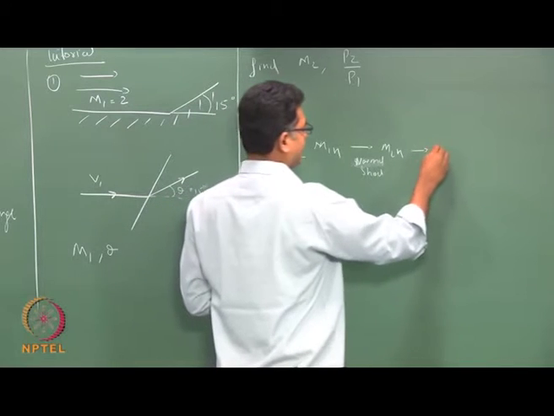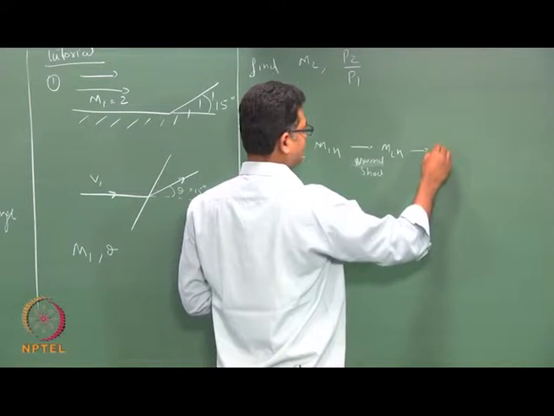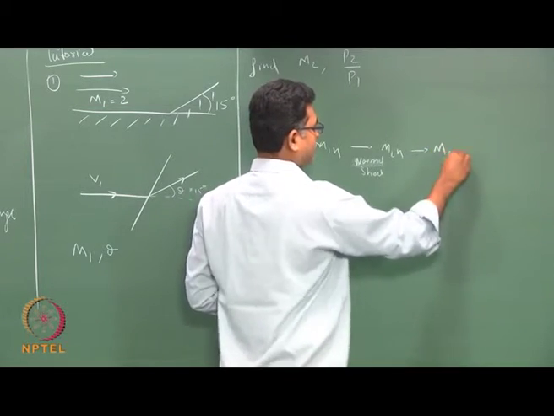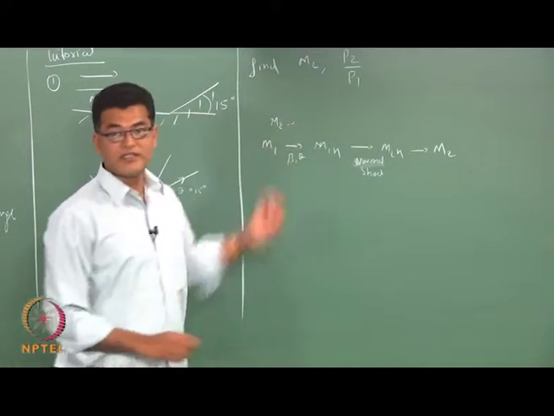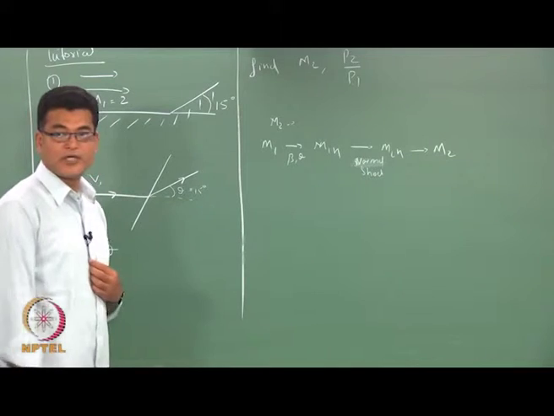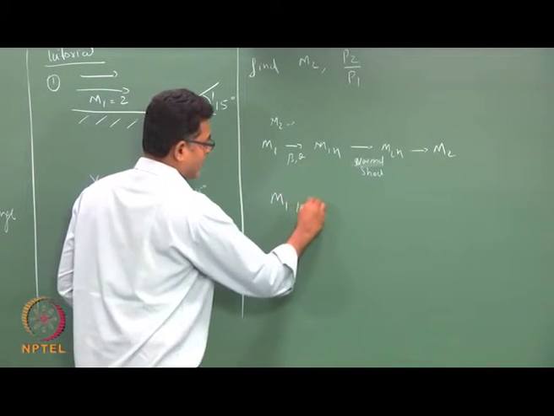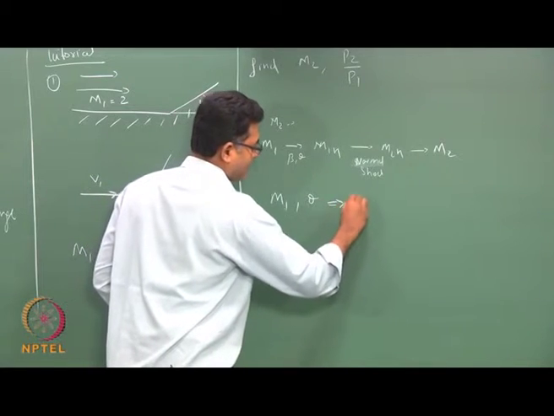From this relation I can go back to my M2, and if I know my M2 I can find these ratios. Okay. So, now given M1 and theta, what is my beta?